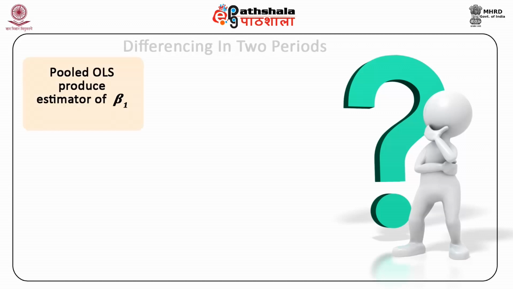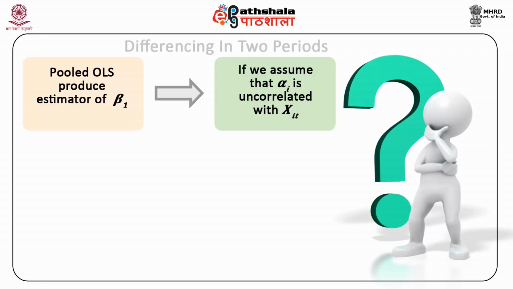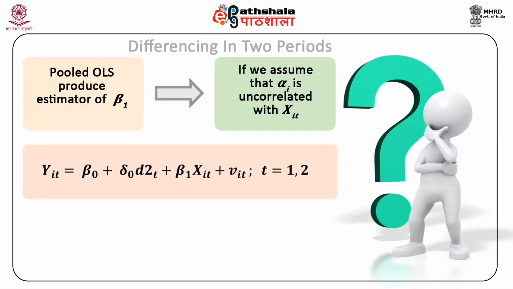Pooled OLS will produce an estimator of beta_1 if we assume that alpha_i is uncorrelated with x_it. Model 1 can in that case be rewritten as y_it = beta_0 + delta_0 d2_t + beta_1 x_it + v_it, where t = 1 and 2.